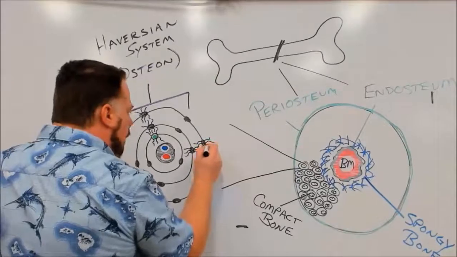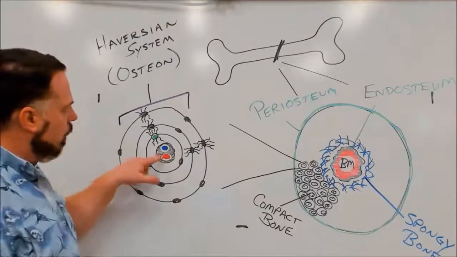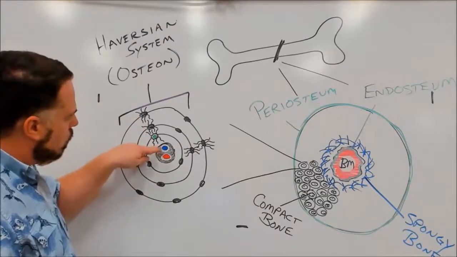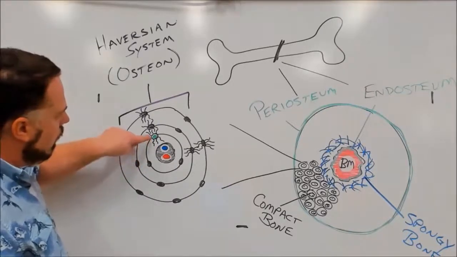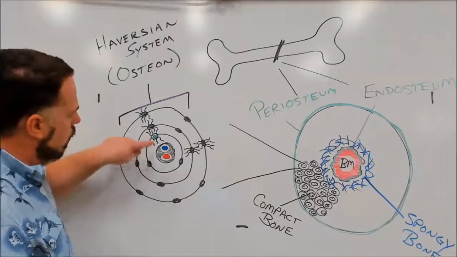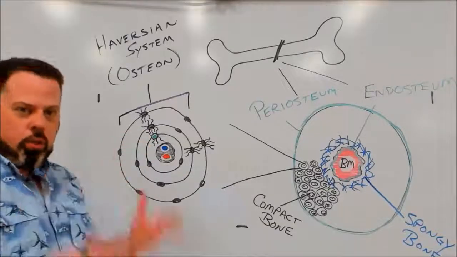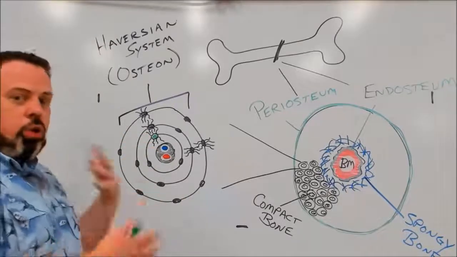And what's happening here is that the nutrients from the Haversian blood vessels, in order to get over here, will pass through these canaliculi, through these little trenches, so that the cell in the lacuna, the osteocyte, absorbs those nutrients, oxygen, glucose, calcium, and so forth, so that it actually will do what it needs to do.